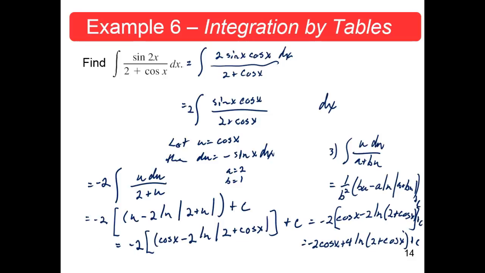Kind of a bizarre type problem, but, you know, again, sort of strange to think of this as an a plus bu, but it sort of is. As long as your u's and du's will take care of all that.